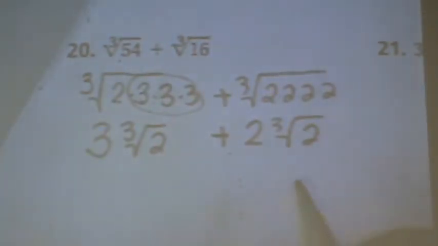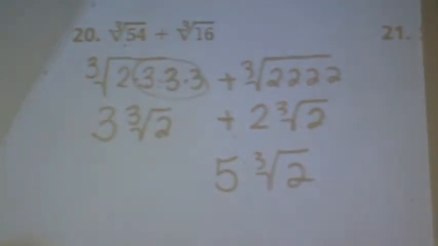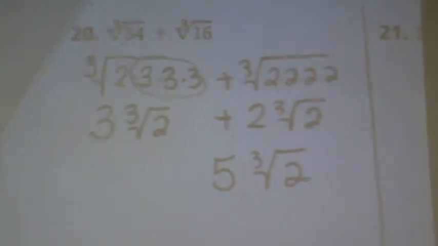So what's this answer? 21. 3, 3, 3, 3, 3. 1, 2, 3, 4 3s.